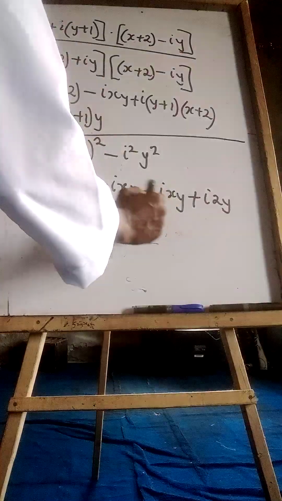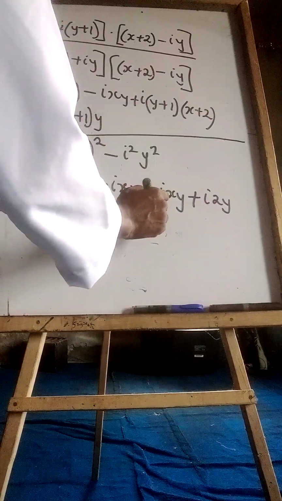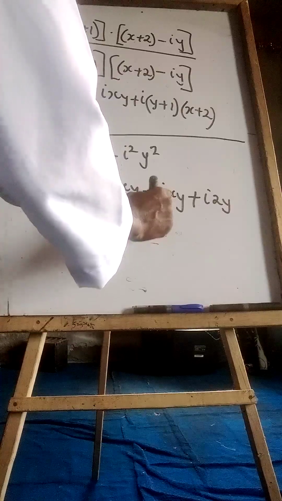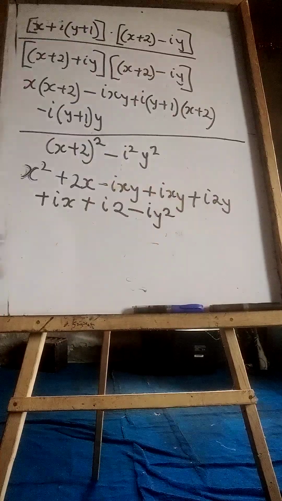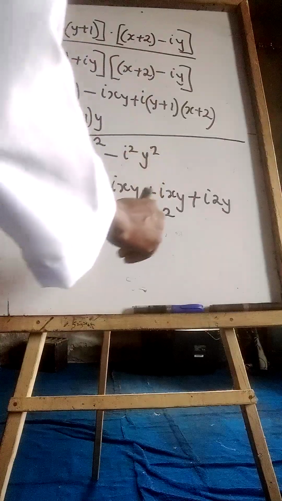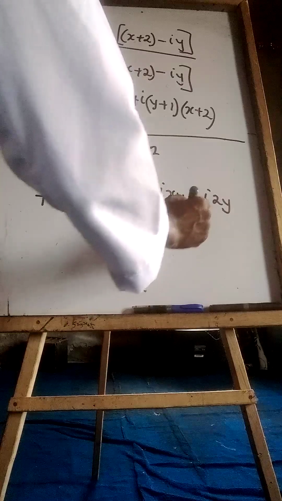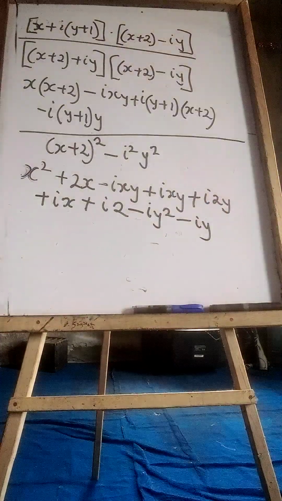Then minus i y squared, then minus iy. So that's the expansion of the numerator.